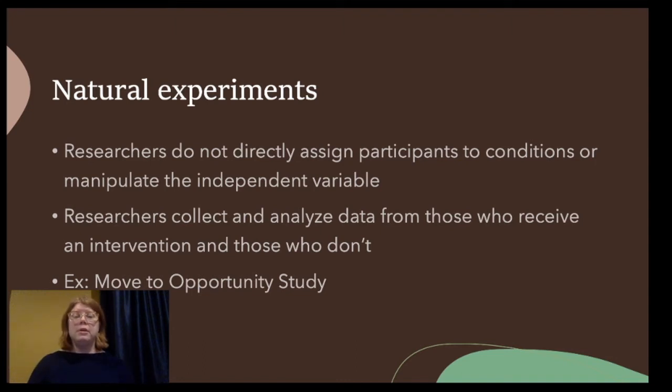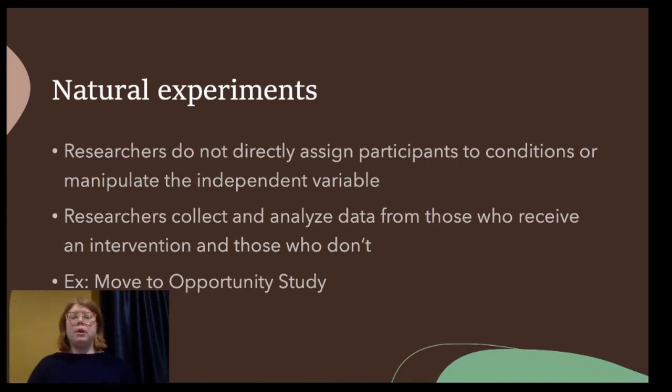So I'm going to give you two examples of social science experiments that have been done and assessed by social scientists. So one was called the Move to Opportunity study. We know that students who grow up in high poverty neighborhoods tend to do less well in education and in other markers of well-being like self-esteem and confidence.